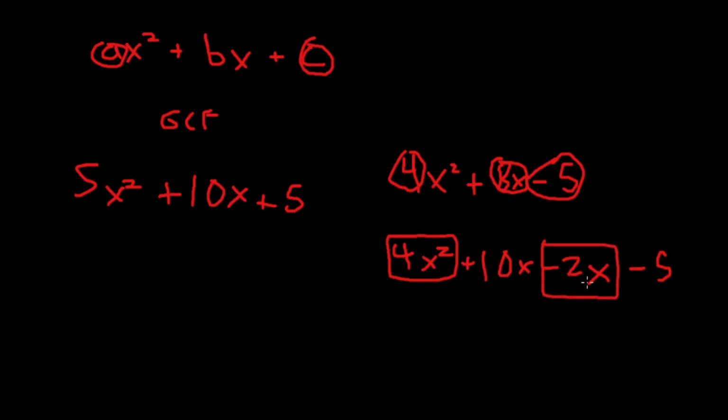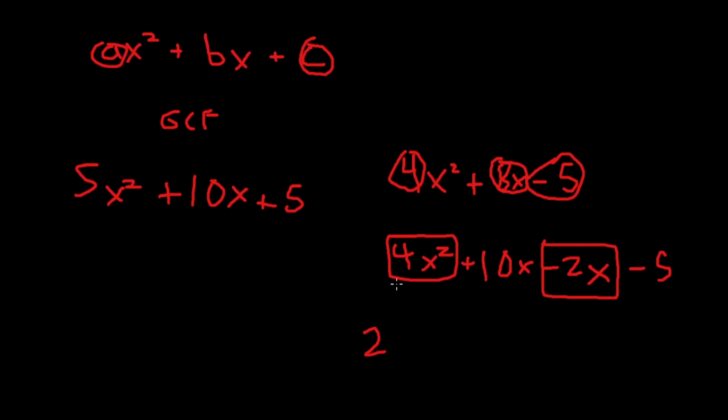So 4x squared minus 2x are both divisible by 2. So we can put a 2 here. Let me just write out what that would be. So 4x squared divided by 2 is 2x squared. Oh, I was actually incorrect.